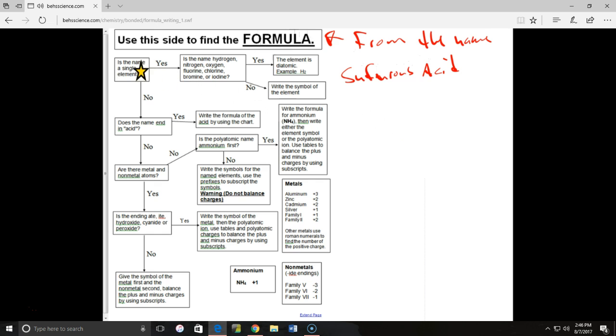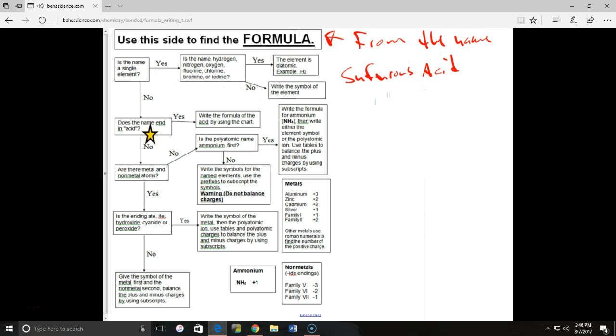We just ask ourselves all these questions about sulfurous acid. So, is sulfurous acid the name of a single element? If the answer was yes, it would just say something like sulfur or sodium or nitrogen. So it is not the name of a single element.